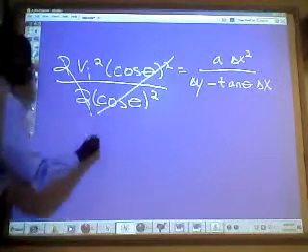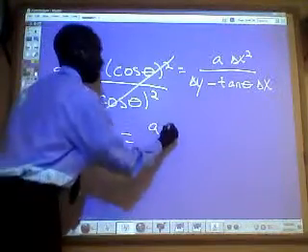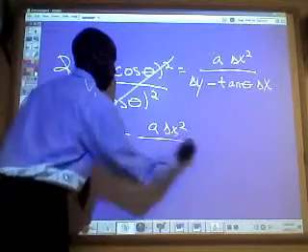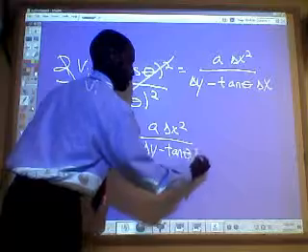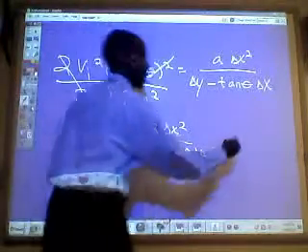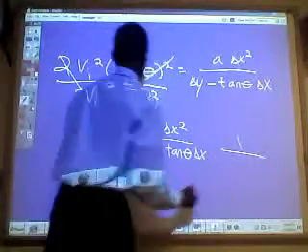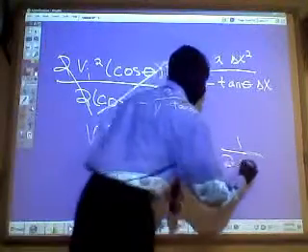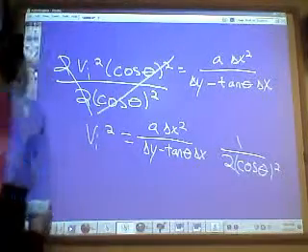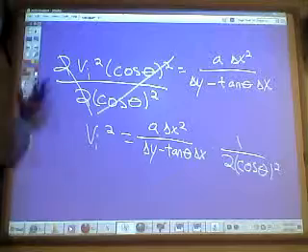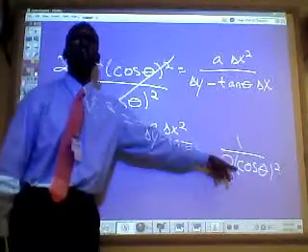I'm left with v sub I squared equals a delta x squared over delta y minus tangent theta delta x times 1 over 2 cosine theta squared. This is the longest problem in history. I divided this side by it, and I'm dividing this side by that same value.